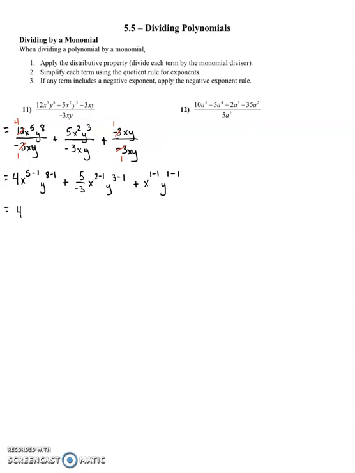So we have 4x, 5 minus 1 is 4. y to the 8 minus 1 is 7. Since we have a 5 over a negative 3, we can change that to negative 5/3. x to the 2 minus 1 is 1, and y to the 3 minus 1 is 2.